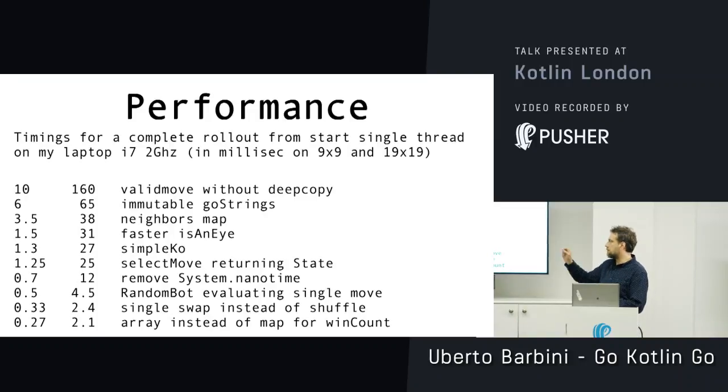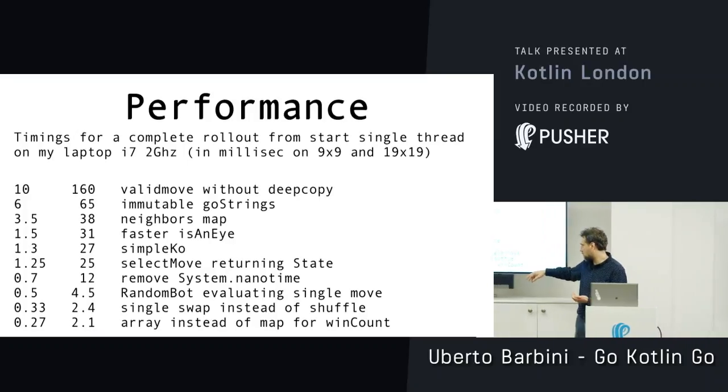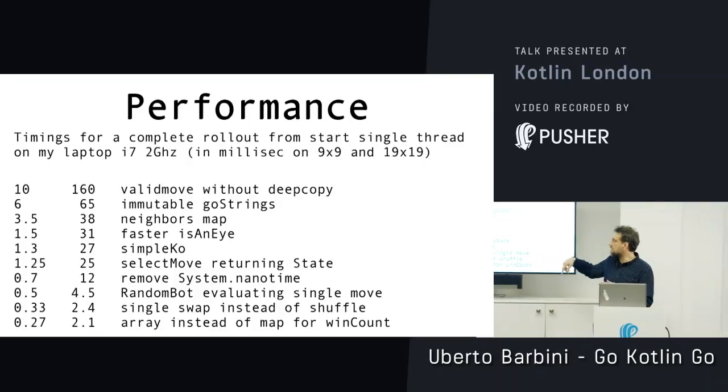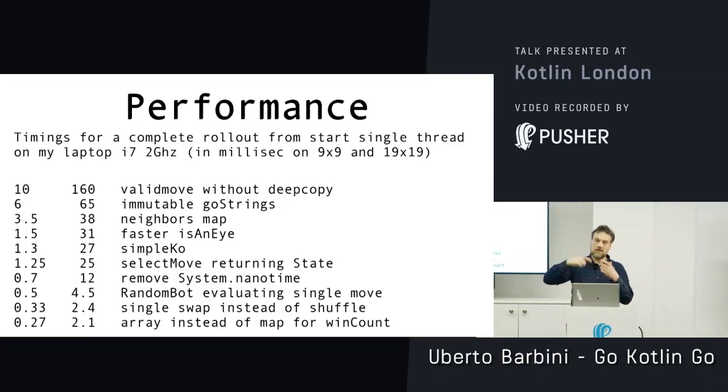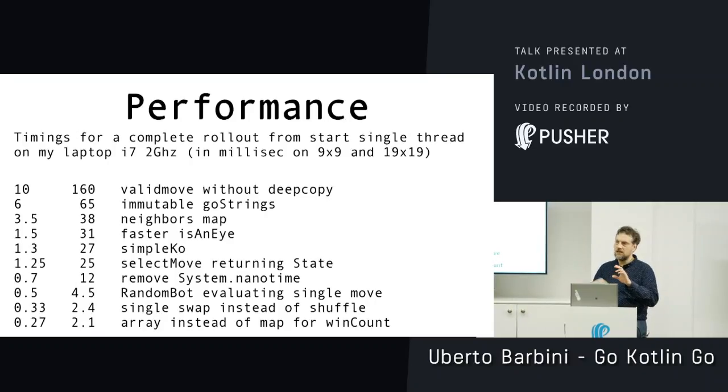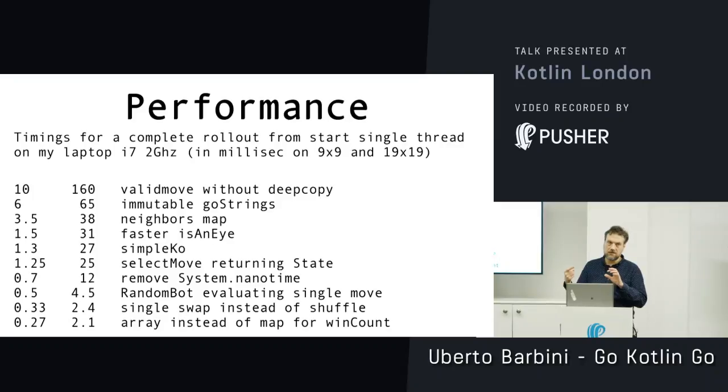To understand if a position is high, I improve the algorithm. For example, at the beginning, the random bot was calculating all the possible valid moves and then just picking one at random. Now it picks a random move, checks if it's valid, and if it's not, it picks another random one.